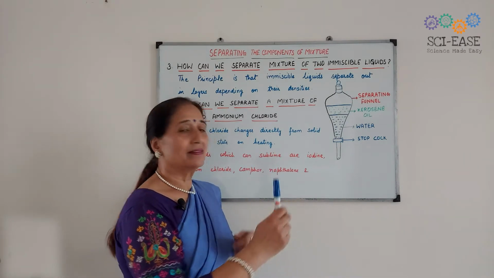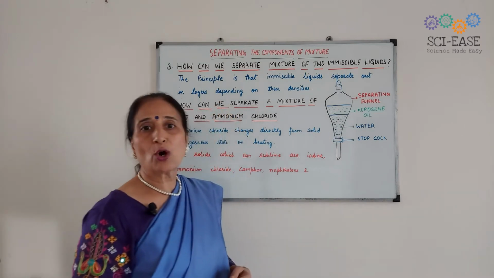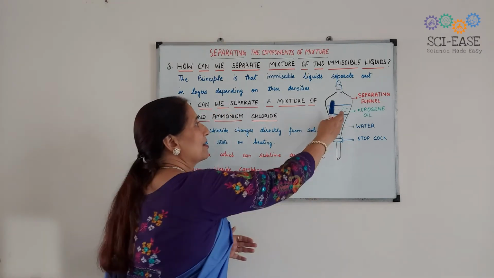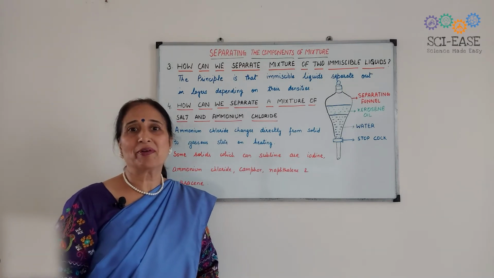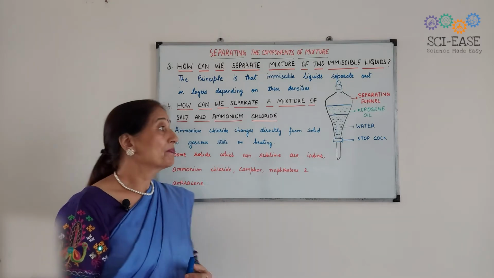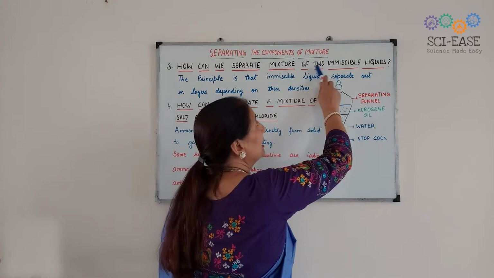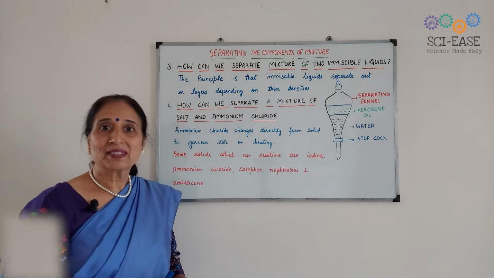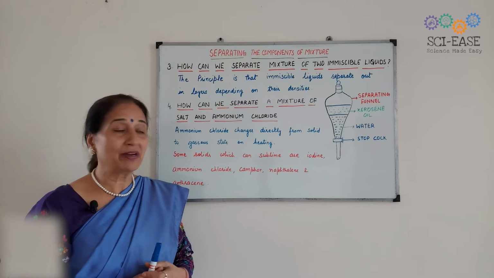Take another beaker and again open the stopcock and collect the kerosene oil. So by using this separating funnel, which is available in chemistry labs, you can separate two immiscible liquids. So this is again a very important method of separation.